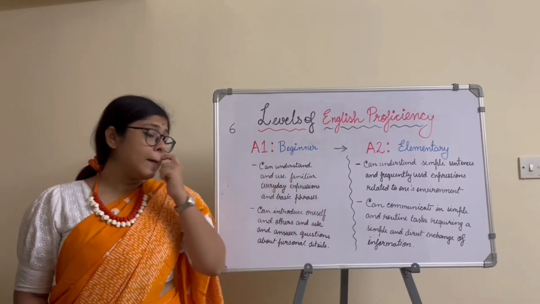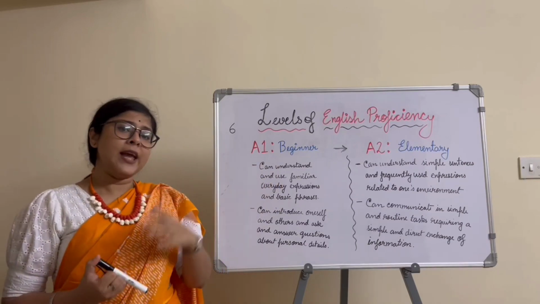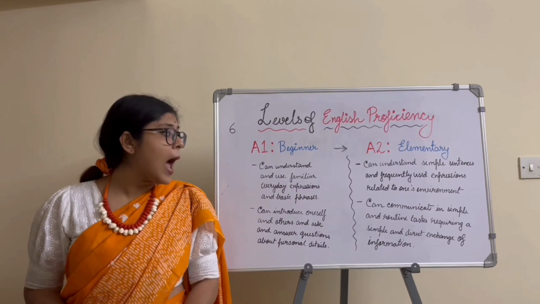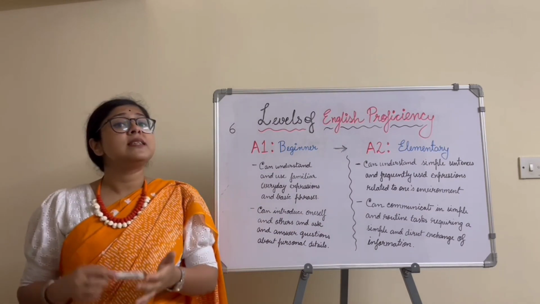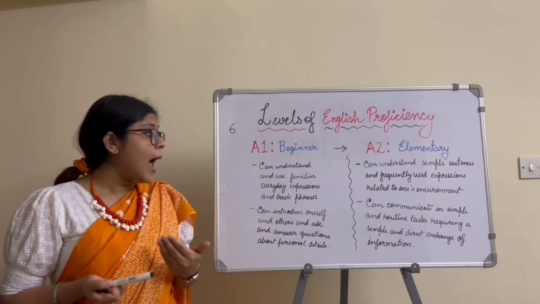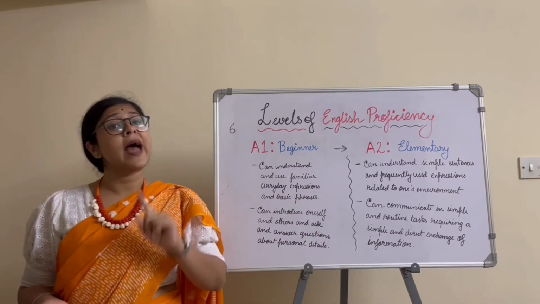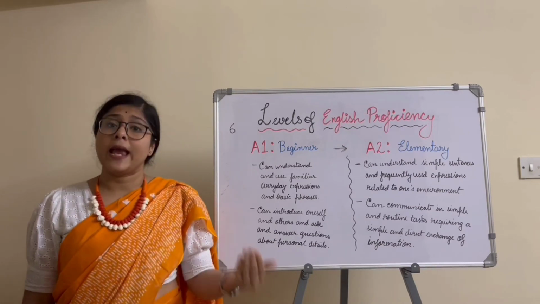Now, the second characteristic of an A2 level English speaker would be that they can communicate in simple and routine tasks. That means they can talk about their day in very simple structured English, and they can exchange information, that too in a very simple or basic structure of English.